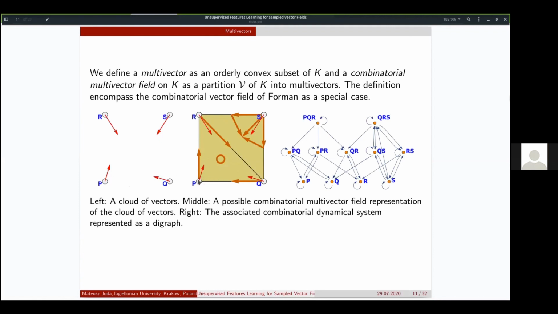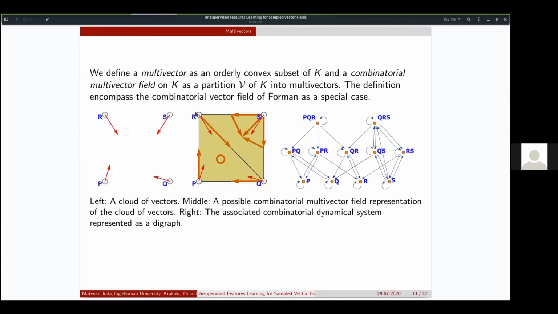And how can we now interpret the input data in terms of this triangulation? So let's look at vertex P. We have the vector there, which is actually very close to the edge. So in some sense, we can now interpolate the vector field in terms of the simplicial complex, in the sense that because the vector from P is very close to the edge, we say that in this particular example, we are going from P to the edge PR.